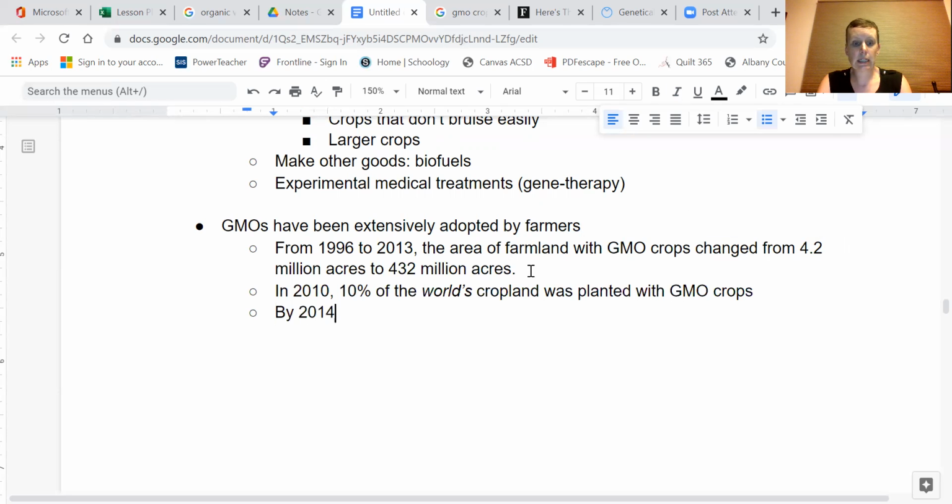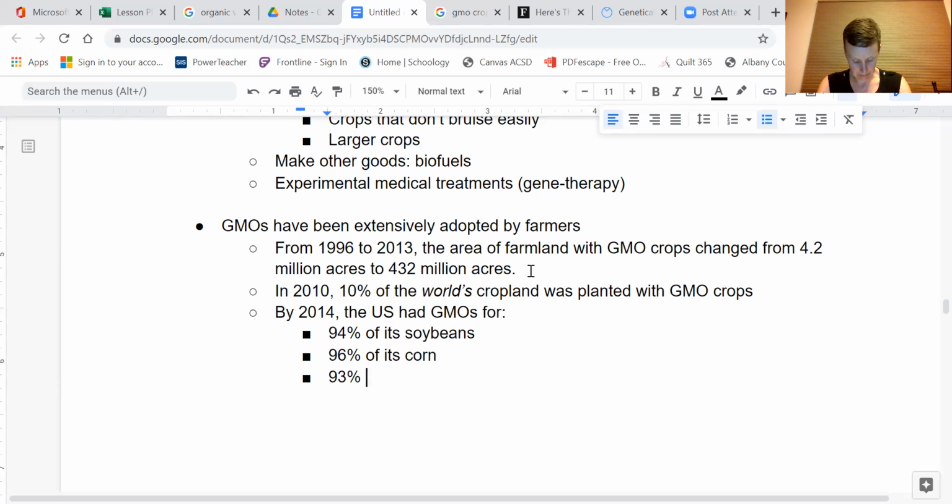By 2014, the US had GMOs for 94% of its soybeans, 96% of its corn, and 93% of its cotton.